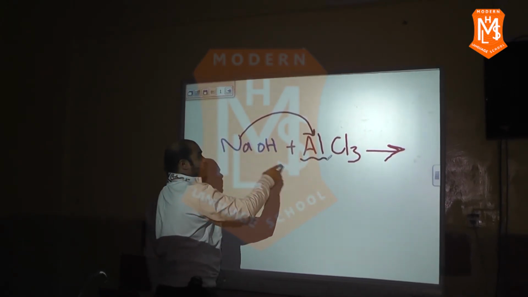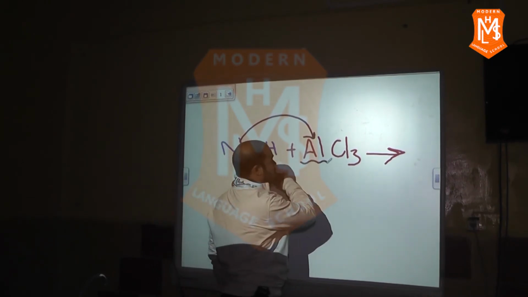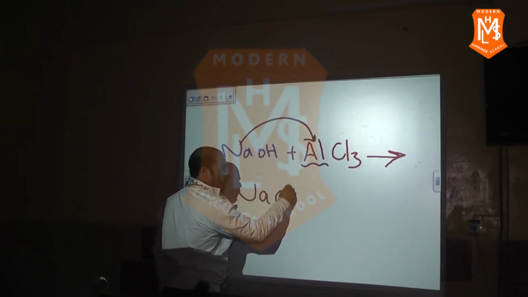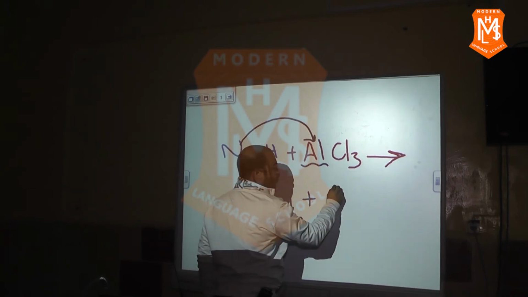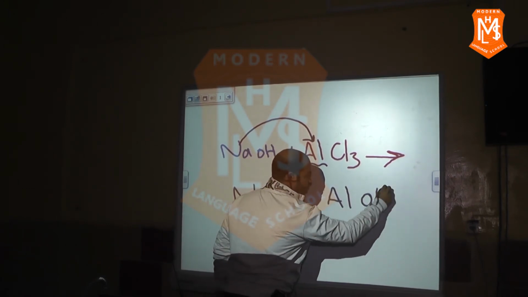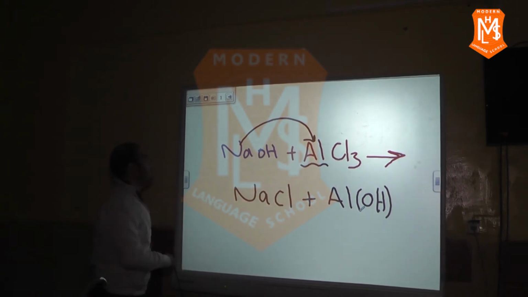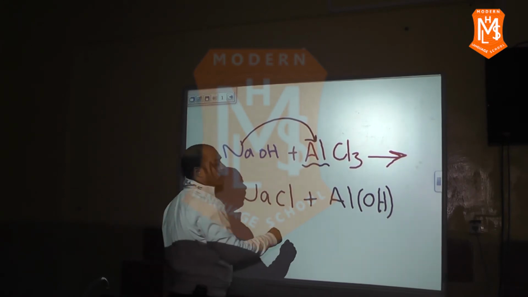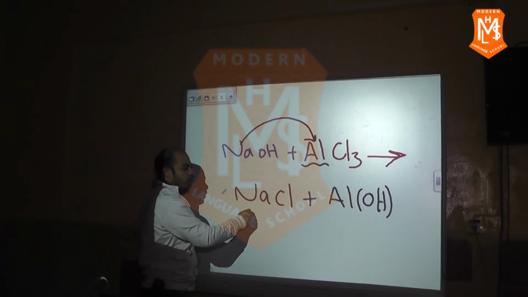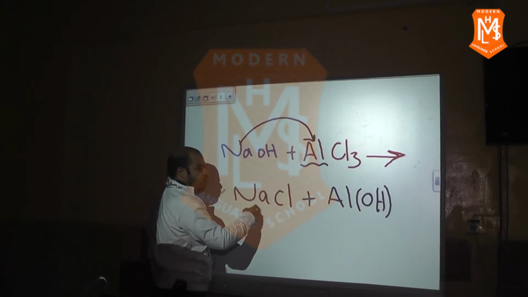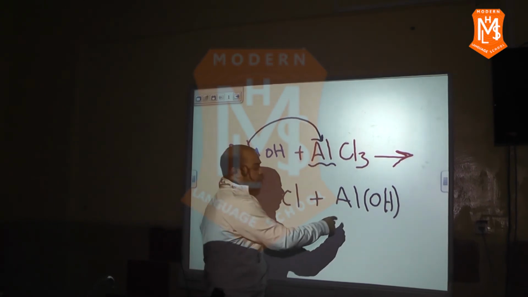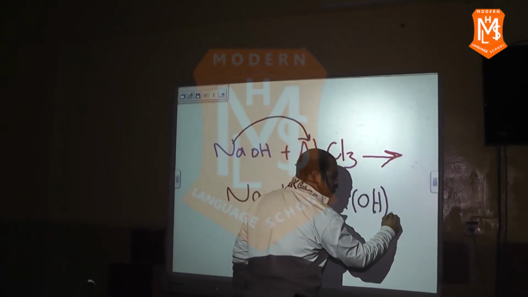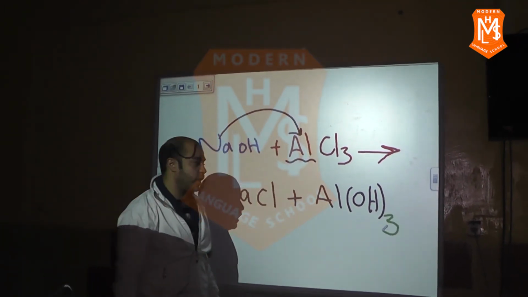Al will take another anion, which is hydroxyl, so the result will be NaCl plus Al(OH). But to write the right chemical formula, sodium is monovalent and chlorine is monovalent, so the right formula is NaCl. Aluminium is trivalent and the hydroxyl group is monovalent, so by exchanging it will be aluminium trihydroxide.